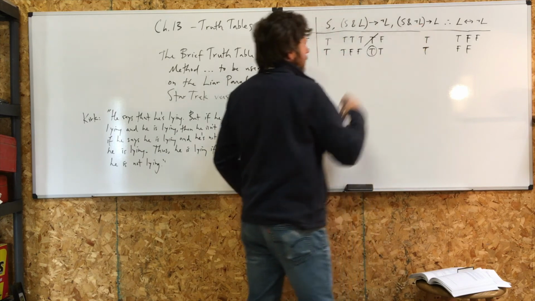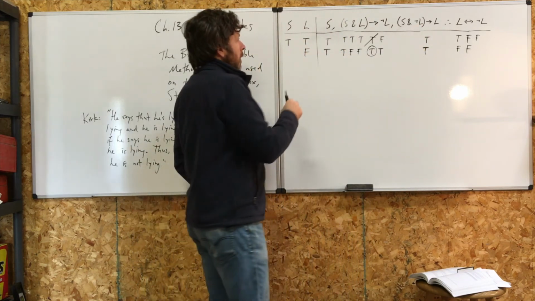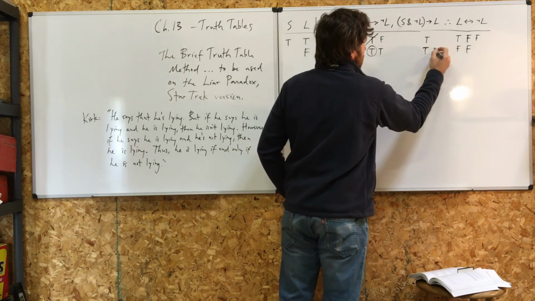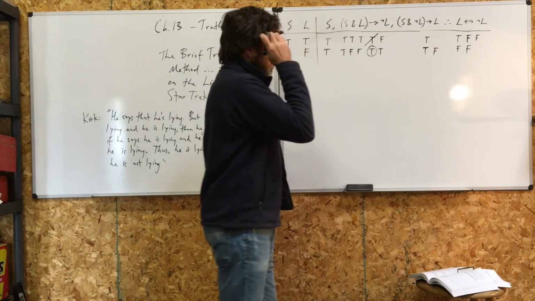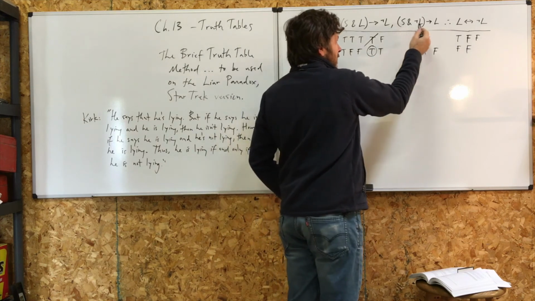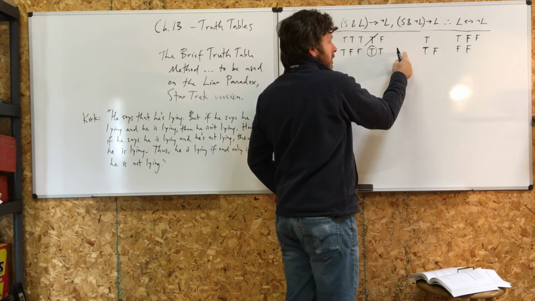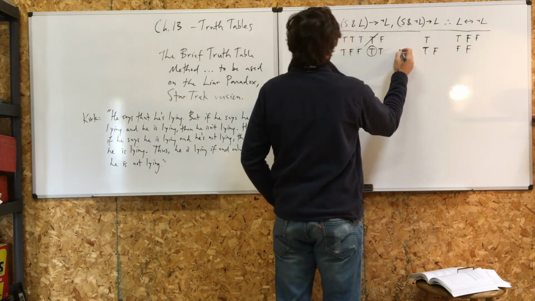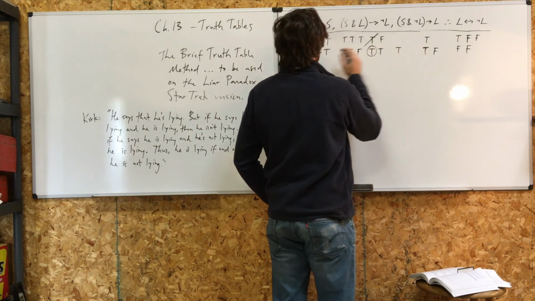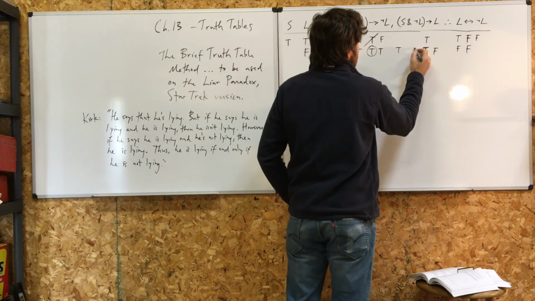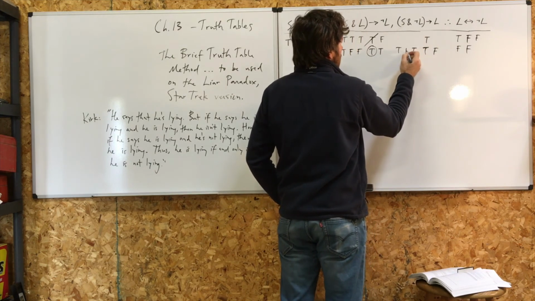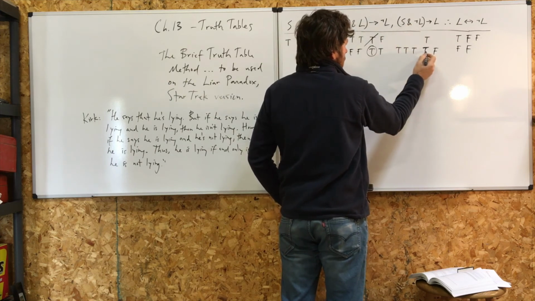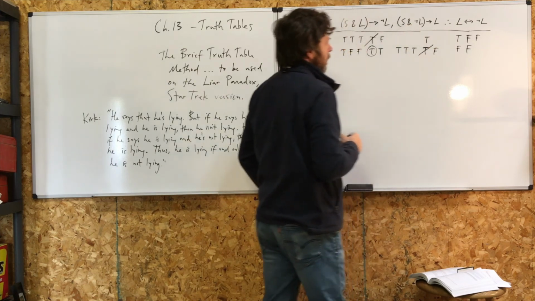Let's try to make that conditional statement true. Well, L is false right there, so we can make this true as long as S and not L is false. Okay, so S, true, not L, true, now we have this conjunction true, we can't make that work.